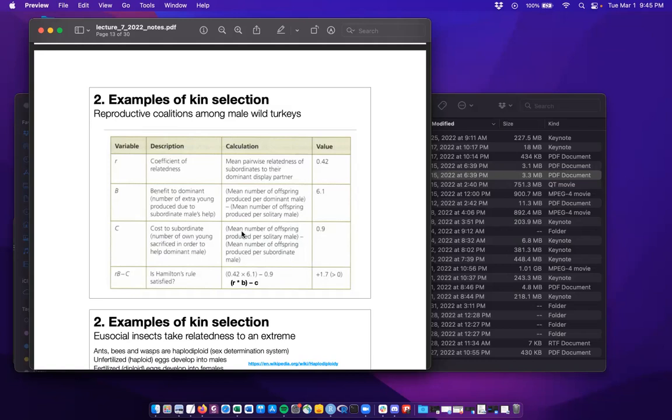And this is all just on average. It doesn't mean that every single pair of turkeys satisfies the equation. It's just that on average, it is satisfied in this study. Okay. Yeah, good question.